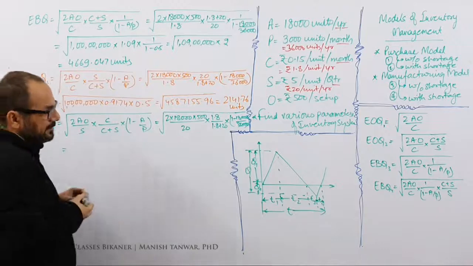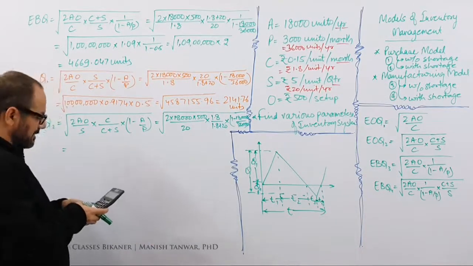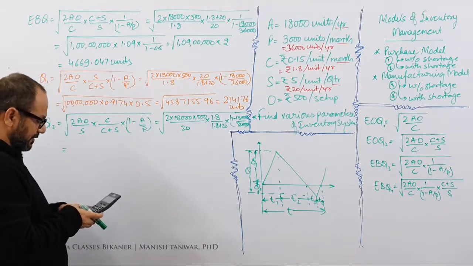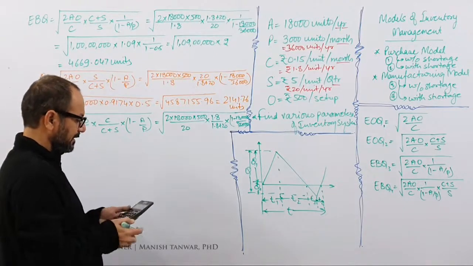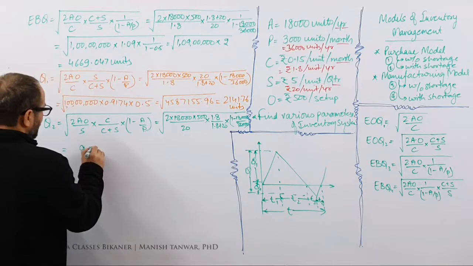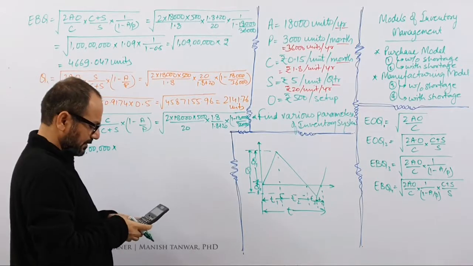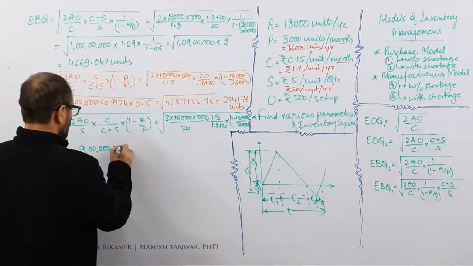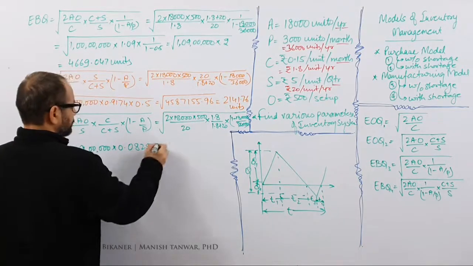If we go ahead and solve it, it will be 2 multiplied by 18,000 multiplied by 500 divided by 20, making it 9 lakh. Next factor would be 1.8 divided by 21.8, making it 0.08257.